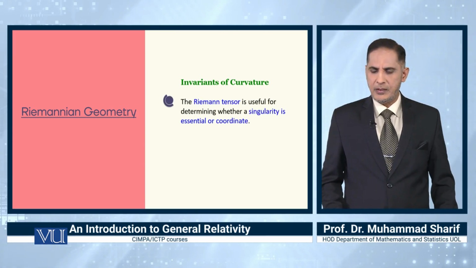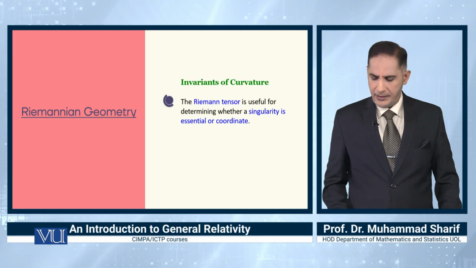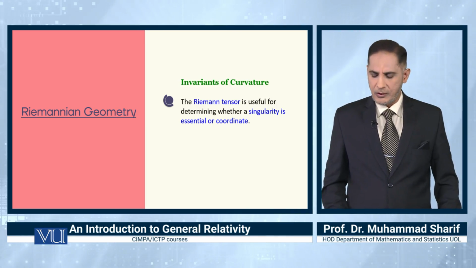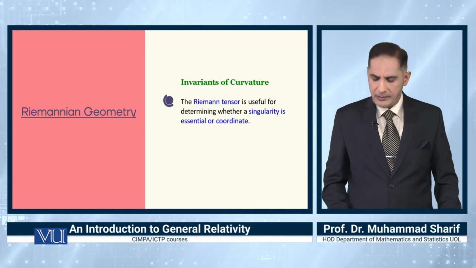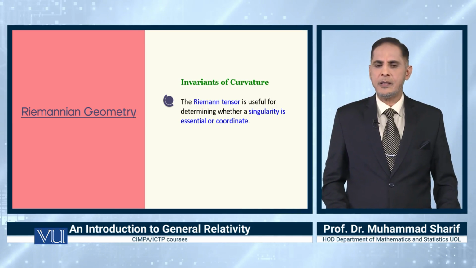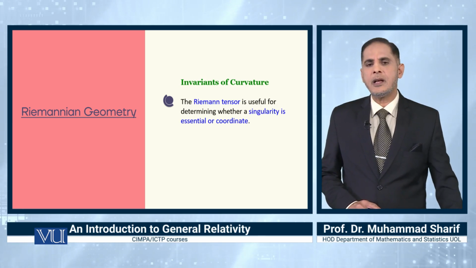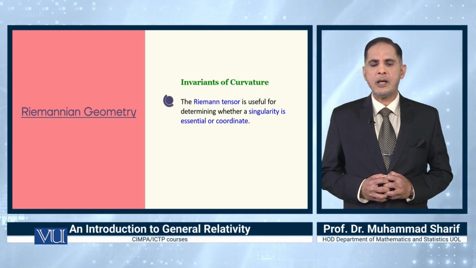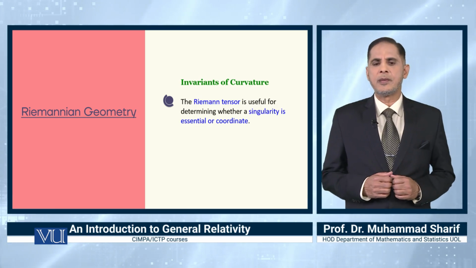Next we come to the concept of curvature invariants. Curvature invariants in fact are obtained through the Riemann tensor, and this is a very useful concept to check the singularity. So the Riemann tensor is useful for determining whether a singularity is essential or coordinate. Now let me define the essential and coordinate singularity. Essential singularity is the singularity which cannot be removed, that means it is essential.